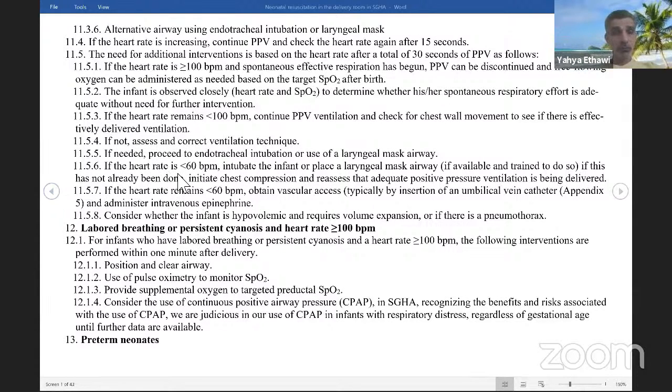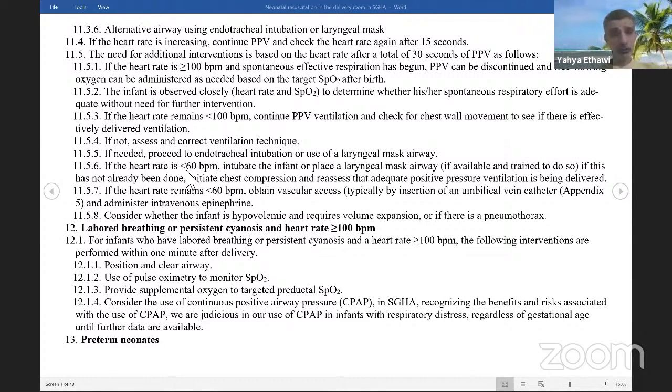Now, we've reached the area where if the heart rate is below 60, we need to do effective ventilation. If there is no effective ventilation, look at Mr. SOPA. If you cannot achieve it, think of alternative airways. After effective ventilation, if the heart rate is below 60 at 1 minute, you need to provide chest compression.